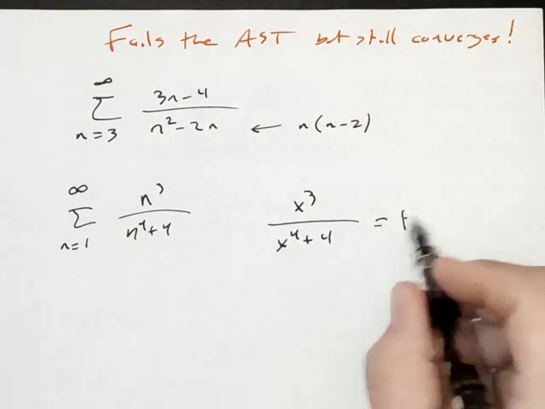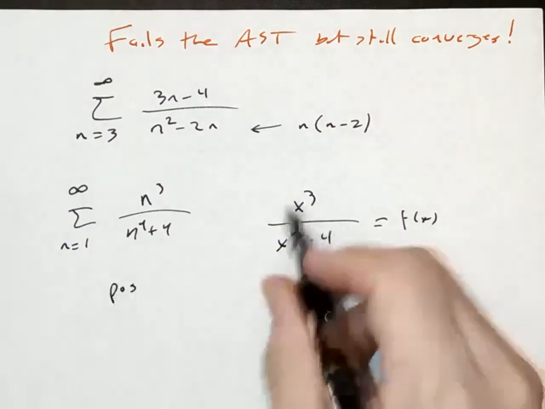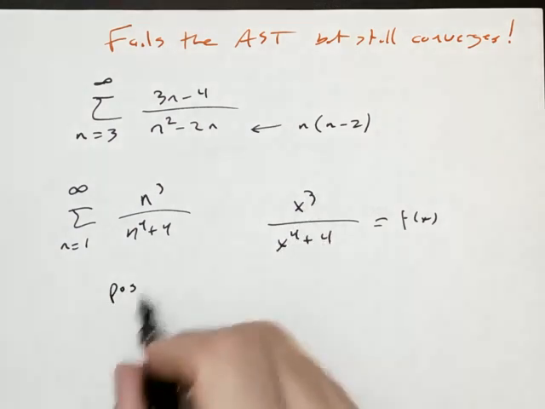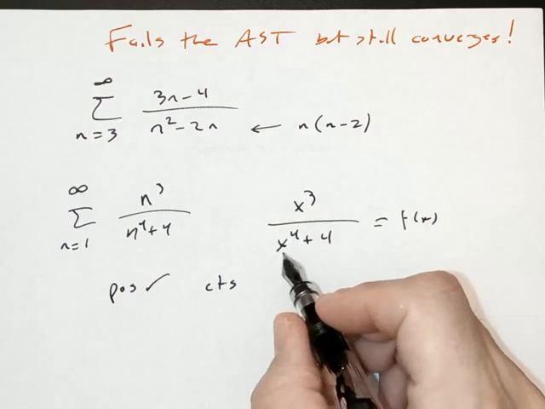I'm going to assume that's the right function. Is that positive whenever n is bigger than 1? Is it continuous whenever we're bigger than 1? Is it decreasing? I think so. How do you know? It's a good question. But positive was obvious because I'm adding. Continuous, it's never undefined because the bottom's always positive.